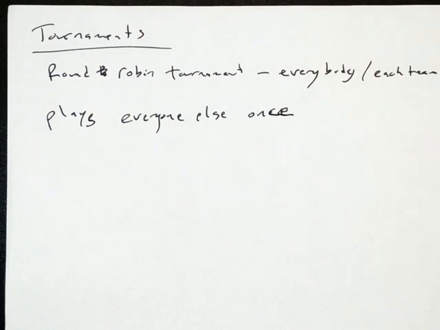So let me make a graph out of this. If everybody plays everybody once, then I have a K_n for n teams. That'll show me who plays who.